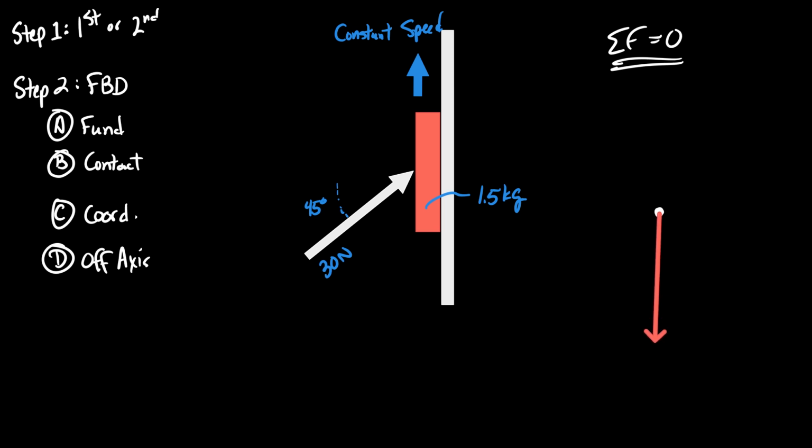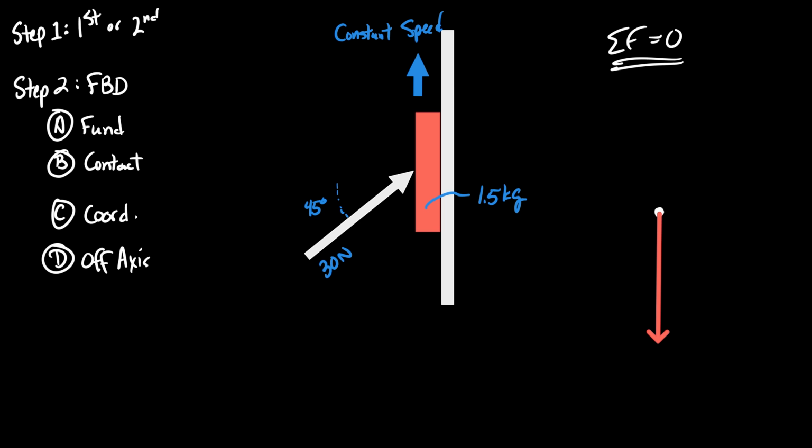Now remember, we know more things now than we did when we were just doing this on Friday. For example, we know that the book's weight is 15 newtons because the weight is mg, and the mass is 1.5 and g is 10. So I know that this arrow represents a force that is going to be 15 units long.